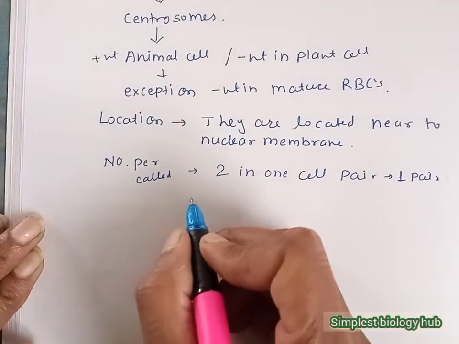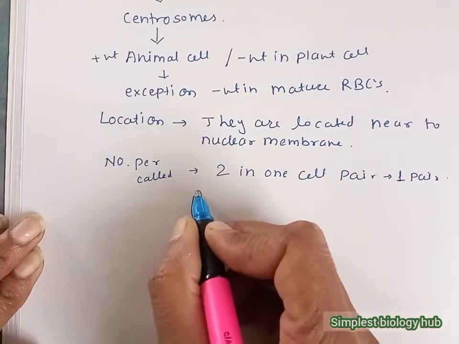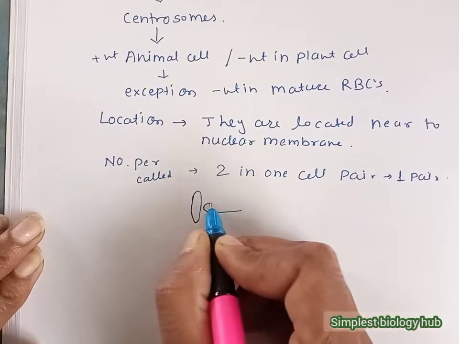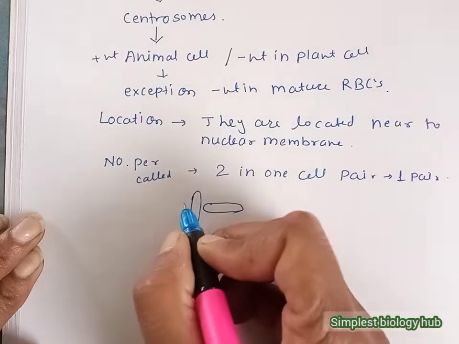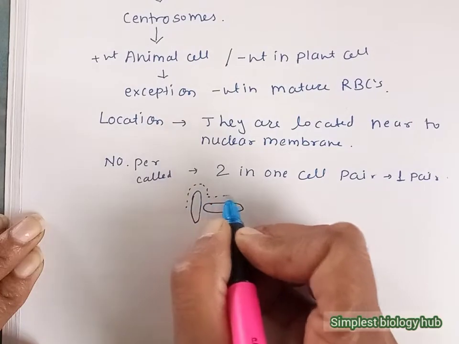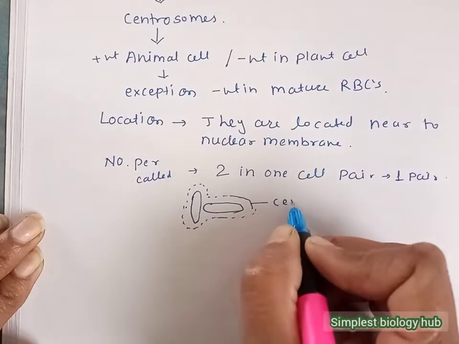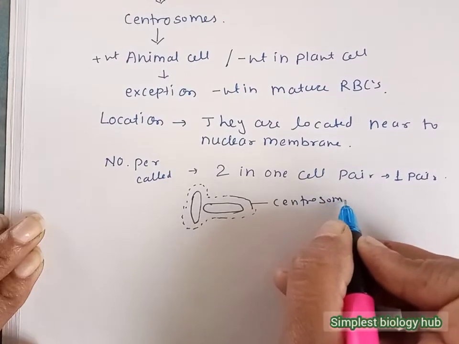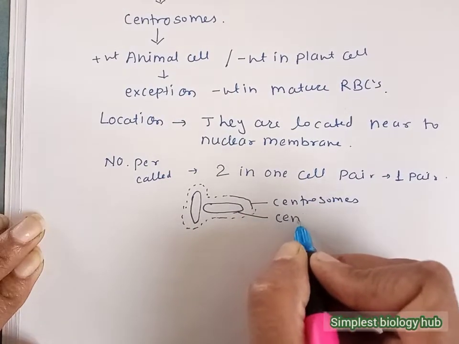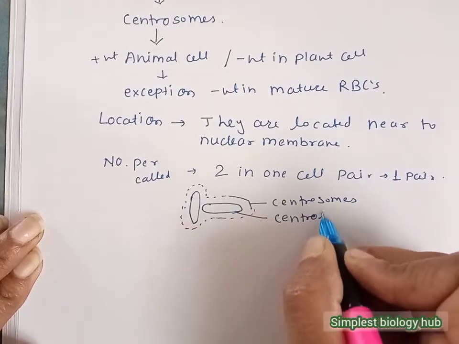And one centriole is perpendicular to the other centriole. In this pattern they are located near to the nucleus, and this is the centrosome, and inside it centrioles are located.